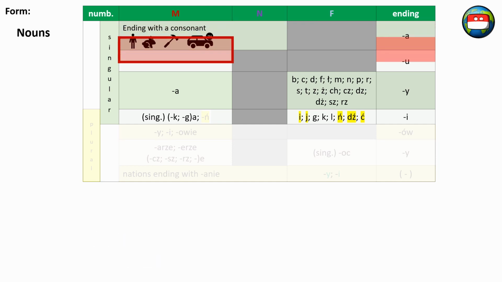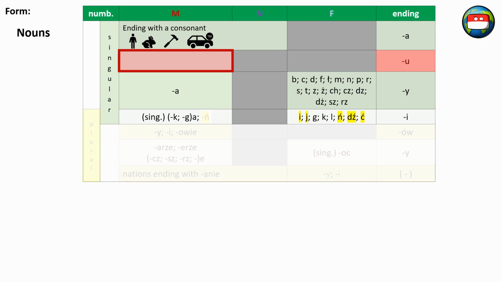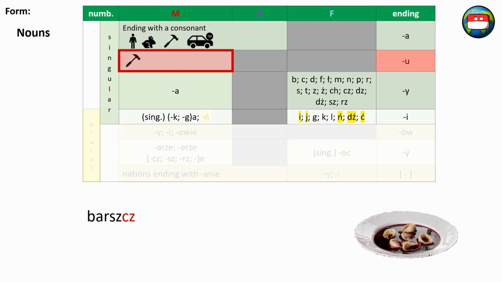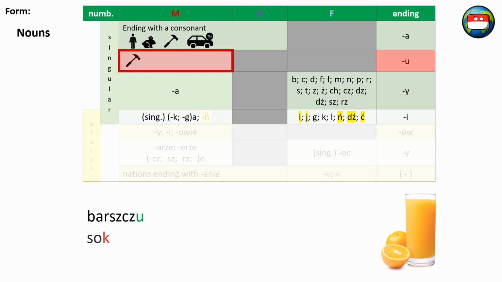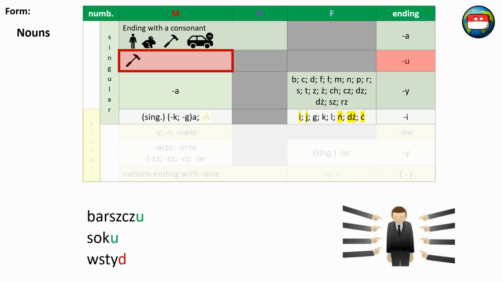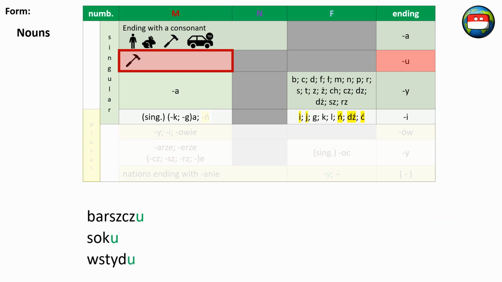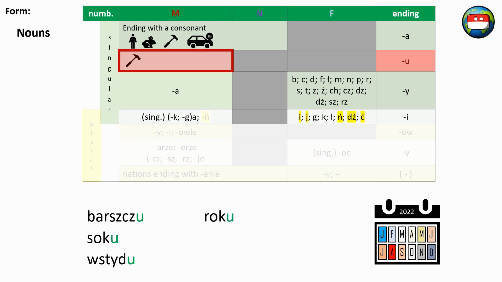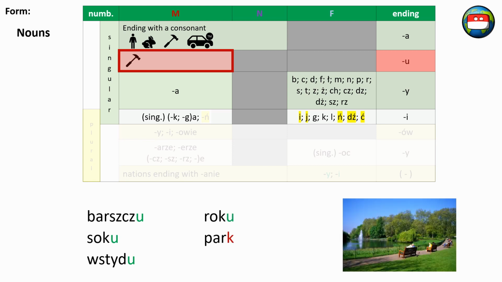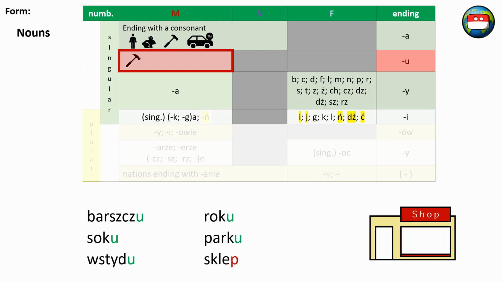The next ending is u, which is applied for inanimate masculine objects, just like the previous ending a, might be a bit problematic for you at the beginning. Barszcz, barszczu, sok, soku, wstyd, wstydu, rok, roku, park, parku, sklep, sklepu.